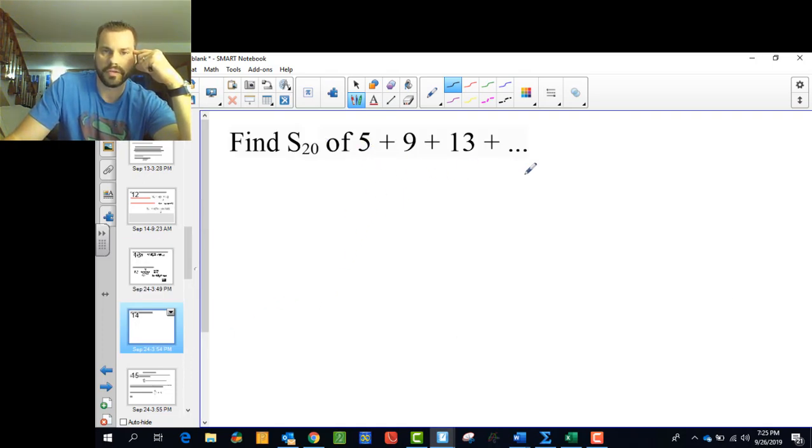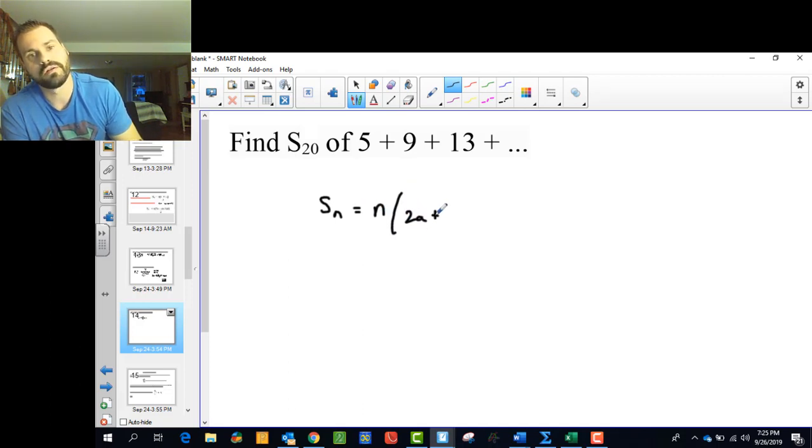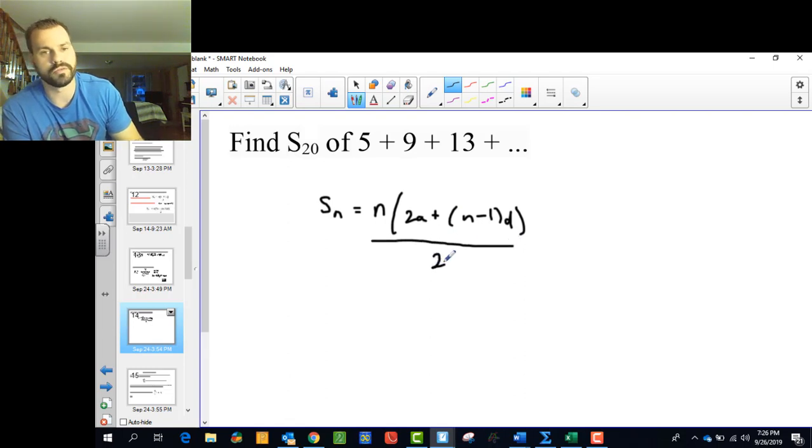Okay, and here's another example. It says find S20 of this. So we don't know what the last term is. So what we're going to use is the other formula. The Sn is n over 2 times 2a plus n minus 1 d, all divided by 2. That's the formula we're going to use. So we're going to plug in 20 for n.